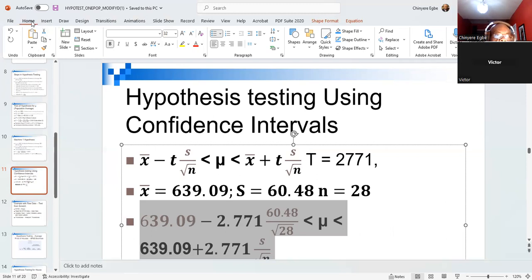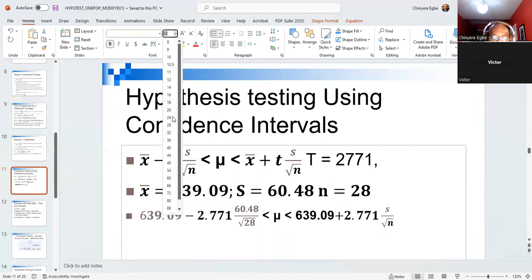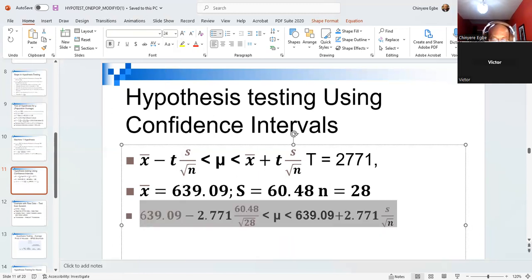Professor, I think the standard deviation wasn't 60.48. What was it? I'm not sure. If you could probably check again in the Excel, I think it was something different. Okay, let's get to that in a minute. It's 60.48.